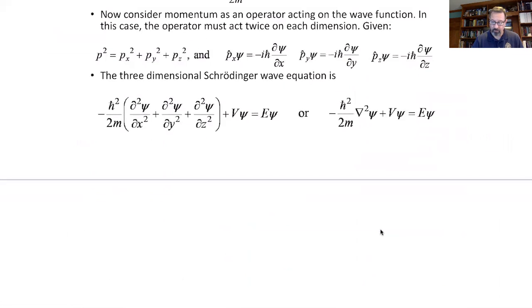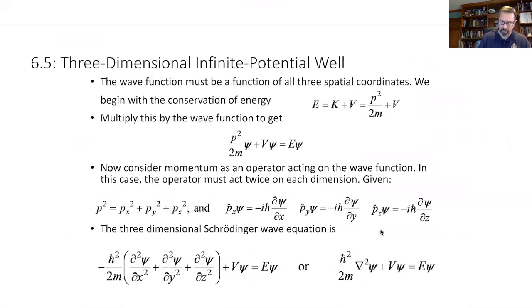And so I guess the first question before we go on to solve this is, what does Schrodinger's wave equation look like in 3 dimensions? And remember, Schrodinger's wave equation is little more than a statement that the total energy of a particle, even a very small particle, is equal to the sum of the kinetic energy of that particle plus the potential energy of that particle.